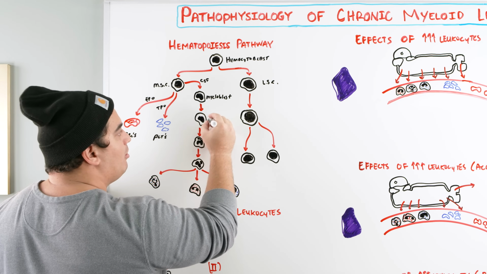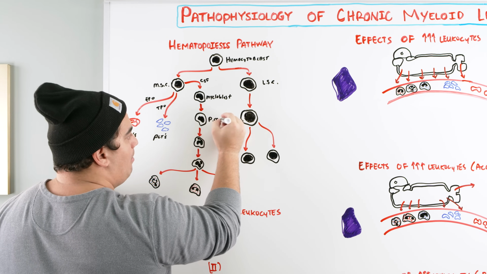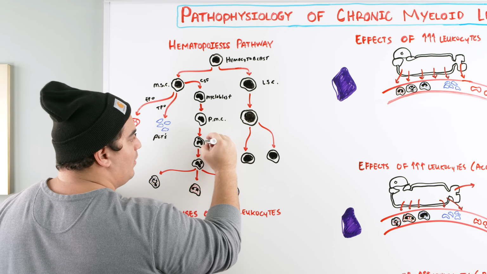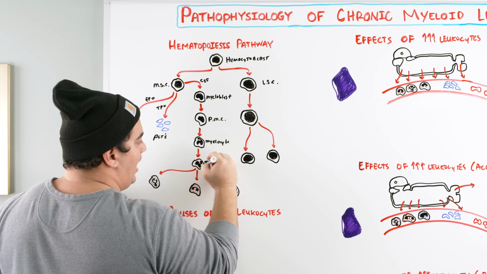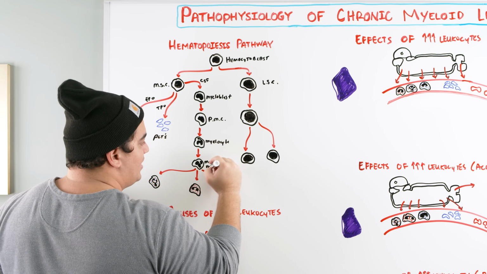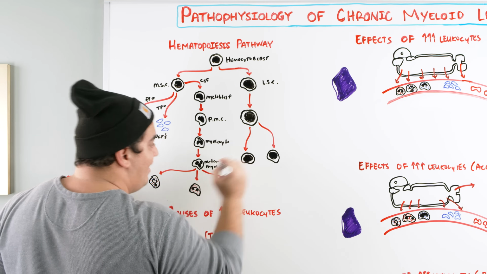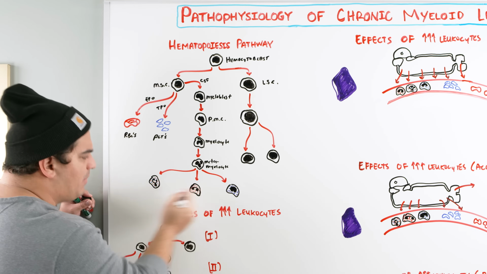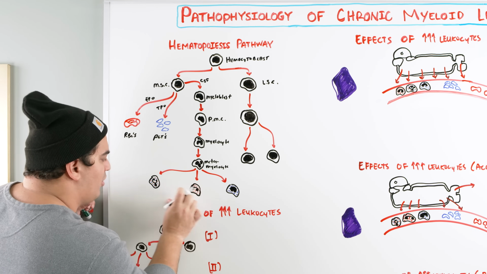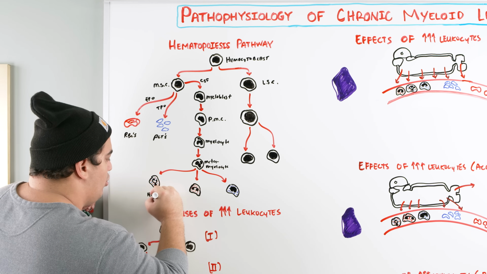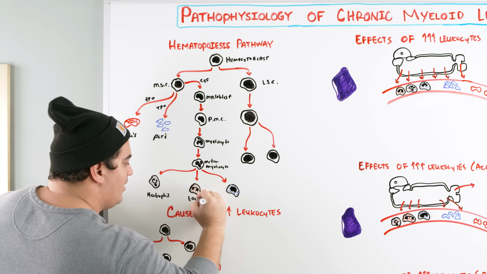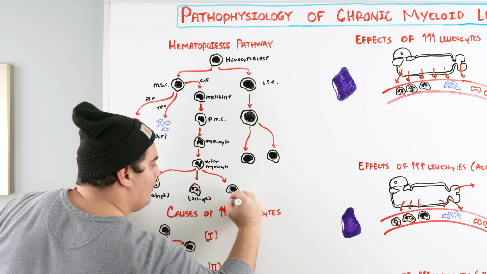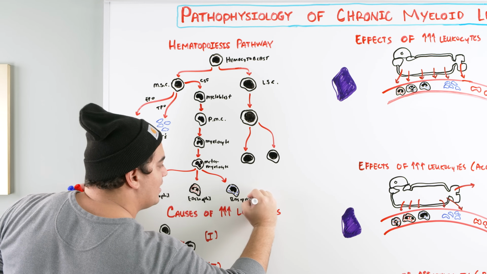So we go from myeloblast to what's called a promyelocyte, then a myelocyte, then a metamyelocyte, and then these eventually go to band cells, but they completely differentiate into functional white blood cells called neutrophils. So you have your neutrophils, your eosinophils, and your basophils, and these are your granulocytes.